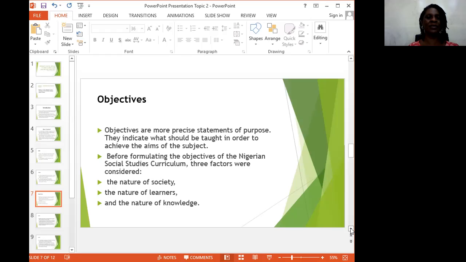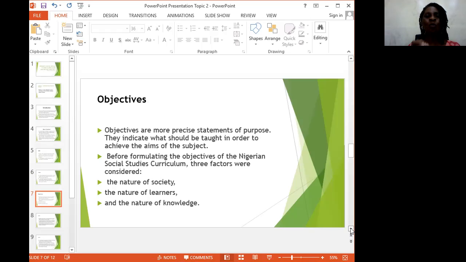Objectives. What are objectives? Can somebody tell me his or her understanding of that term? Good. Objectives are more precise statements. Remember, we said aims are general statements, but these are more precise statements of purpose. So you have narrowed it down.